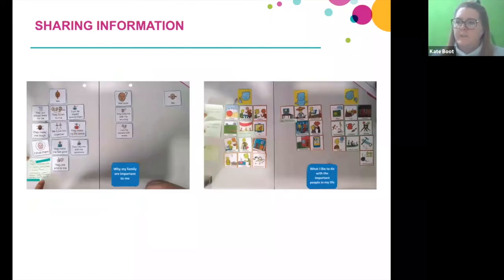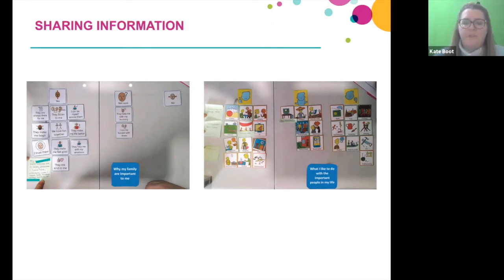Okay, sharing information. I couldn't do a presentation without talking about talking mats, because I feel like I use them every day, but I definitely use them every week because they're so incredibly versatile. So it was a no-brainer for me that they were going to be incorporated into developing our PERMA profiles accessible to our students.